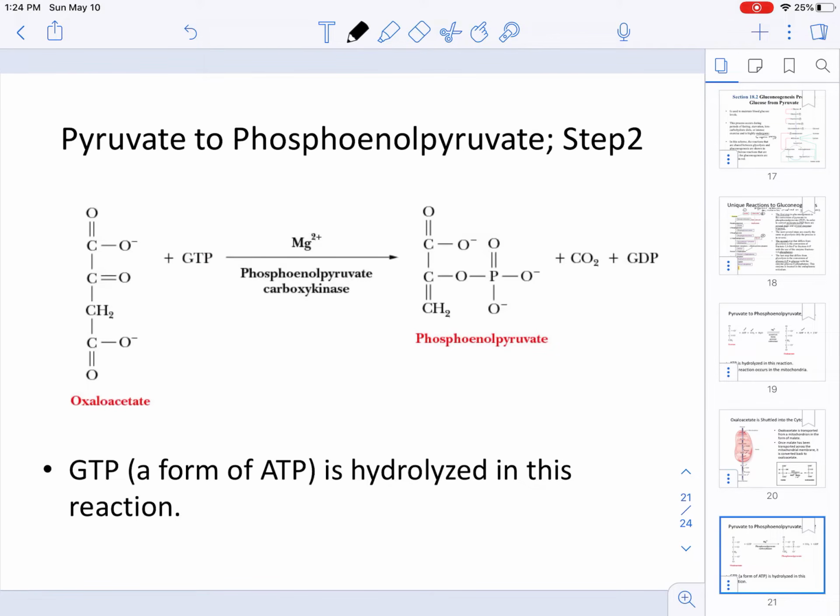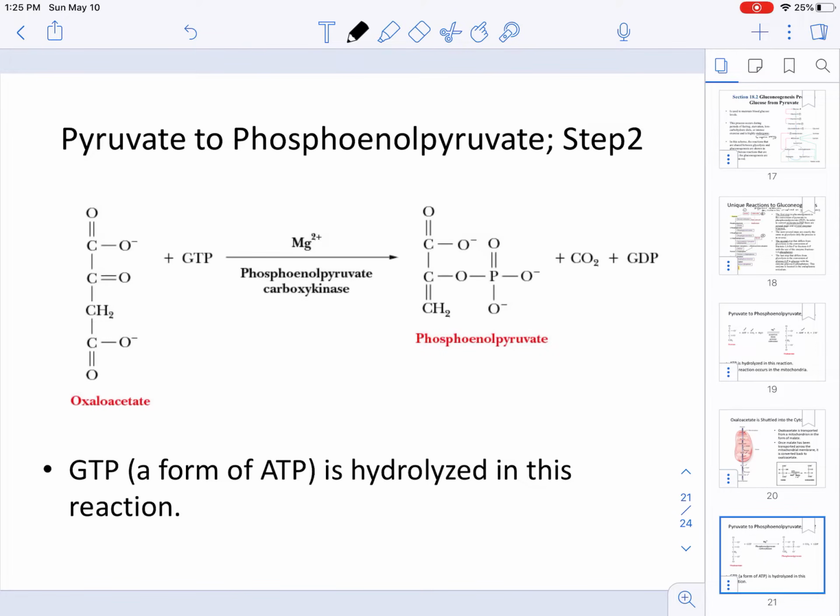So this carboxykinase, as you see, is going to be utilizing GTP in the reaction to form GDP. Overall, in the reaction, we are going to be removing a CO2. But understand that here, because GTP in a way is similar to ATP, this reaction is going to be the driving force, meaning the energy that is going to be required in order for this endergonic process to occur.